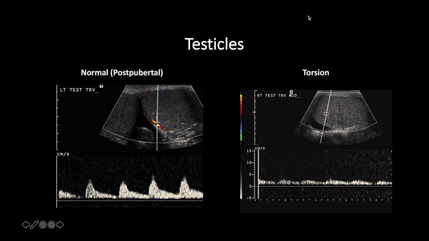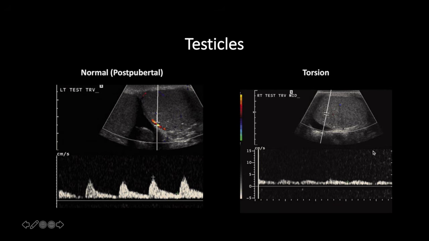And in patients with torsion, you often have a complete absence of flow or no flow in the testicle itself. But earlier on or with a lesser degree of torsion, you may have some flow. And so some flow doesn't exclude torsion. That's key. Some flow does not exclude torsion.